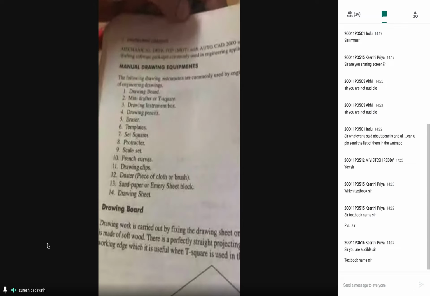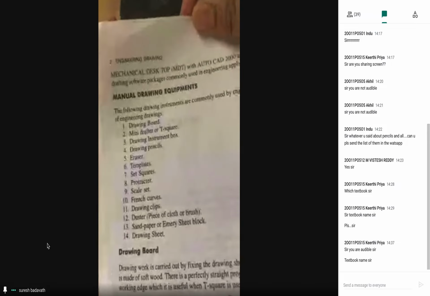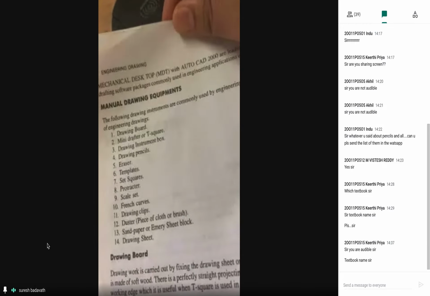Write down, all of you, 1 to 14 manual drawing equipment: the drawing board, mini drafter or T-square, drawing instrument box, drawing pencil, eraser, template, set square, protractor, scale set, and different drawing sheets.